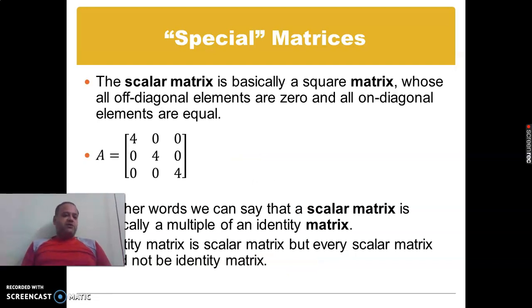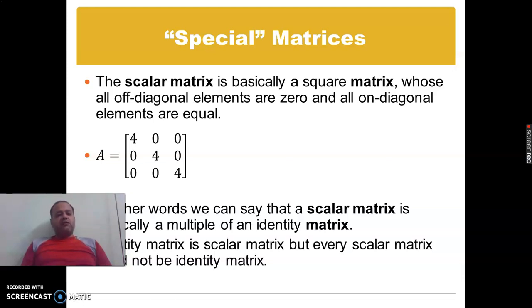Just a moment ago we discussed the diagonal matrix. The diagonal matrix and scalar matrix are approximately the same, but the conditions are different for the two matrices. The scalar matrix is basically a square matrix whose off diagonal elements are 0 and all on-diagonal elements are equal.